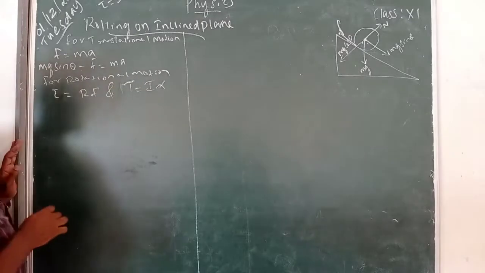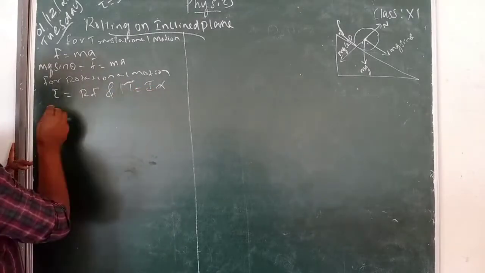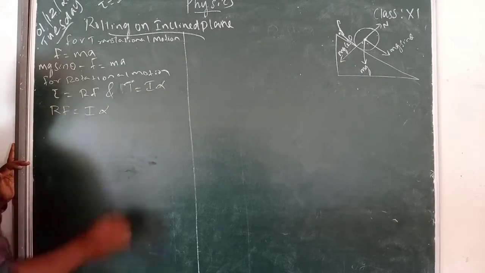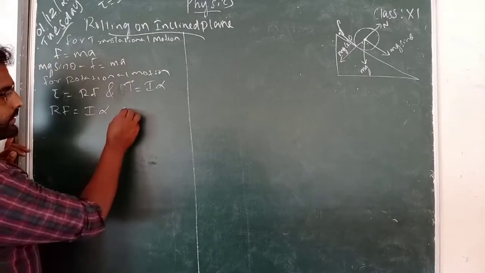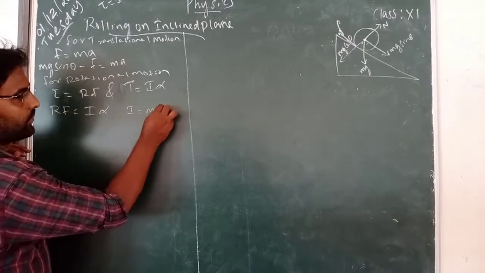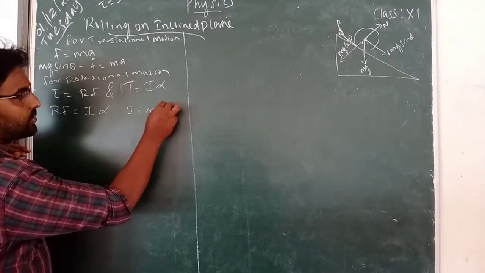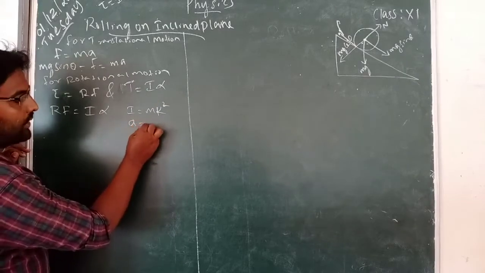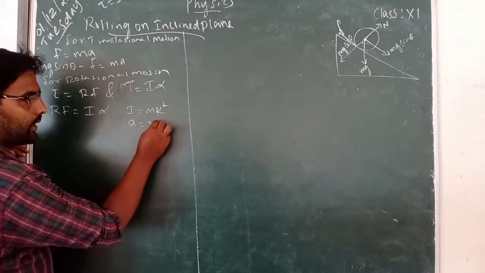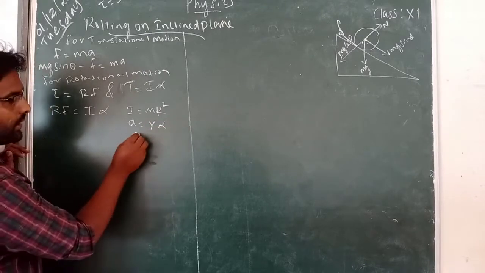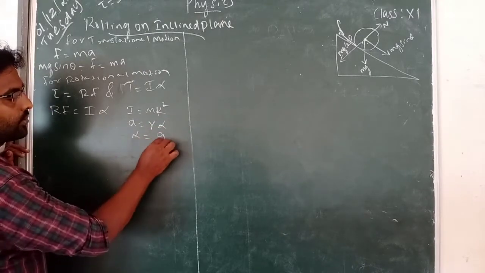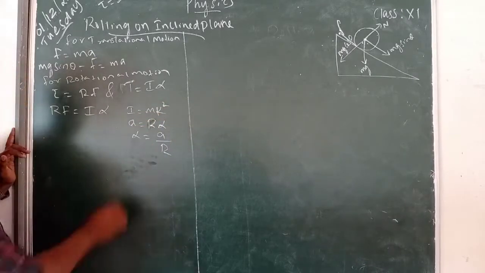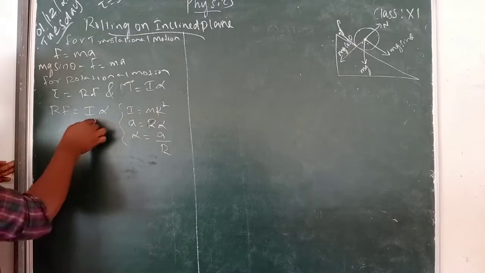So F into R is equal to I alpha. You know I is equal to mk square. Alpha you can find from the formula a is equal to R alpha, so alpha is equal to a by R. This is the formula we are using.